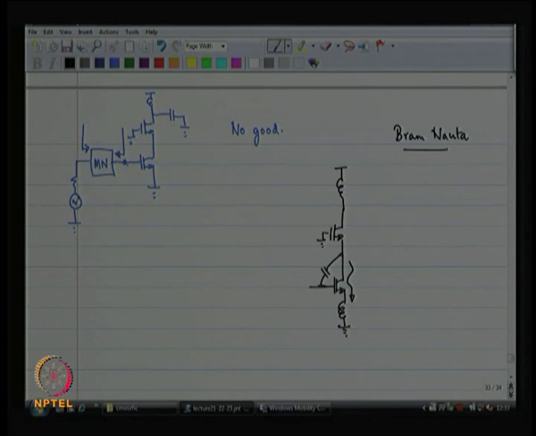So, the noise current by this device M1 is responsible for a certain amount of input referred noise.